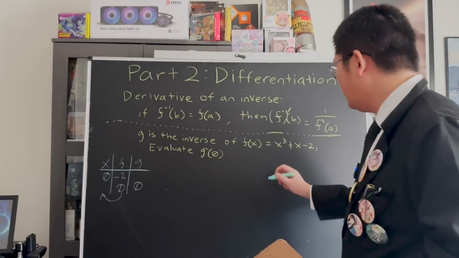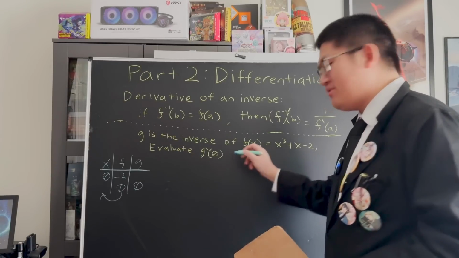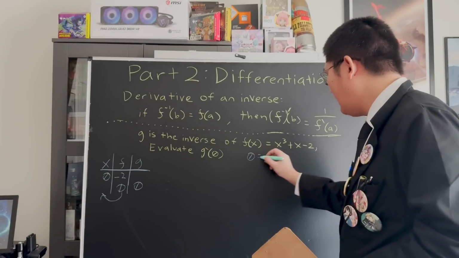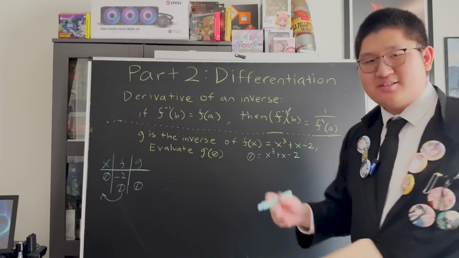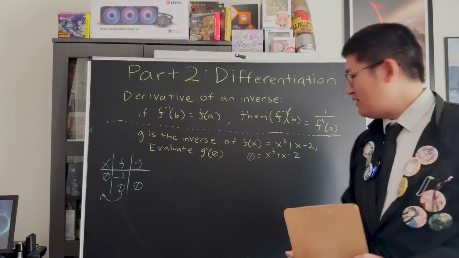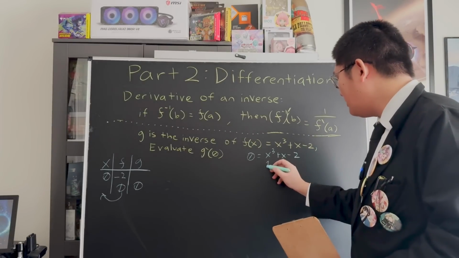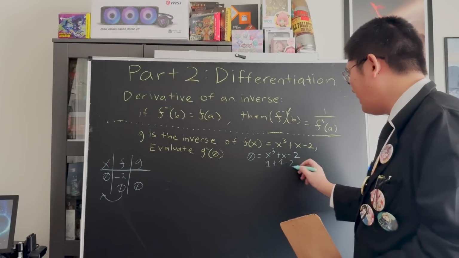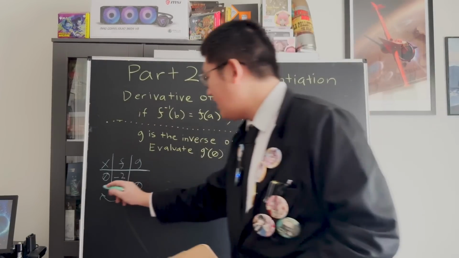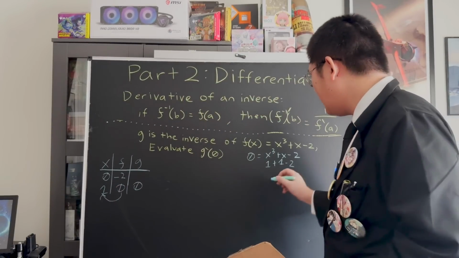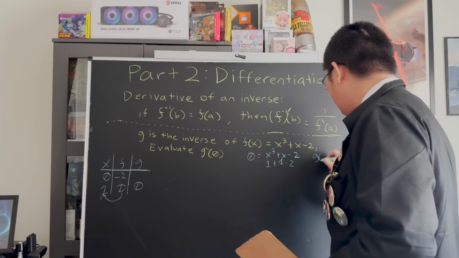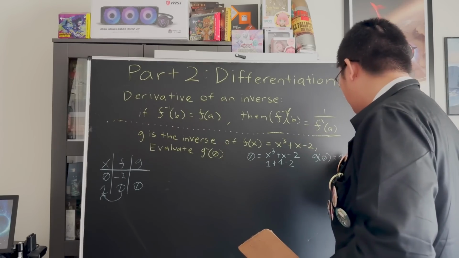So for example, if we set f of x to be equal to 0 and we solve for x to the third plus x minus 2, just a little bit of number finagling really just means that we need ones across the board, minus 2. So in this case, if x was equal to 1, f will be equal to 0. So in that case, we can make the relationship that g of 0 is equal to 1.